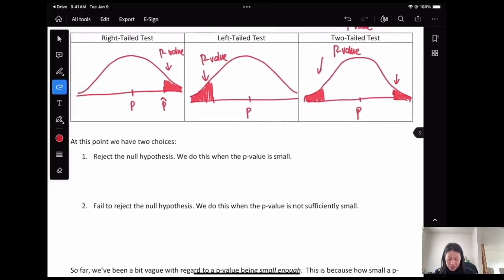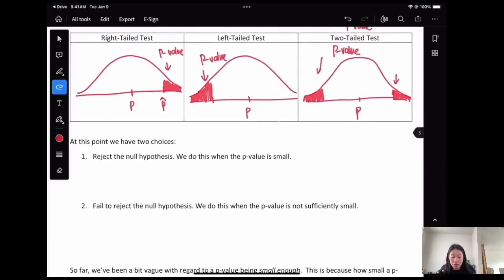Okay, at this point we have two choices. Either we reject the null hypothesis. We do this when the p-value is small. So that means when we reject the null hypothesis, we will say, hey, there is evidence for the alternative hypothesis. Or the other choice is we fail to reject the null hypothesis because the p-value is not significantly small.